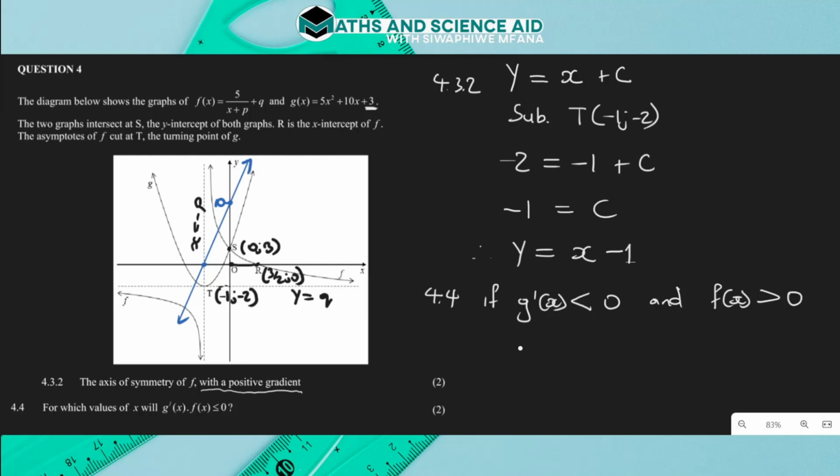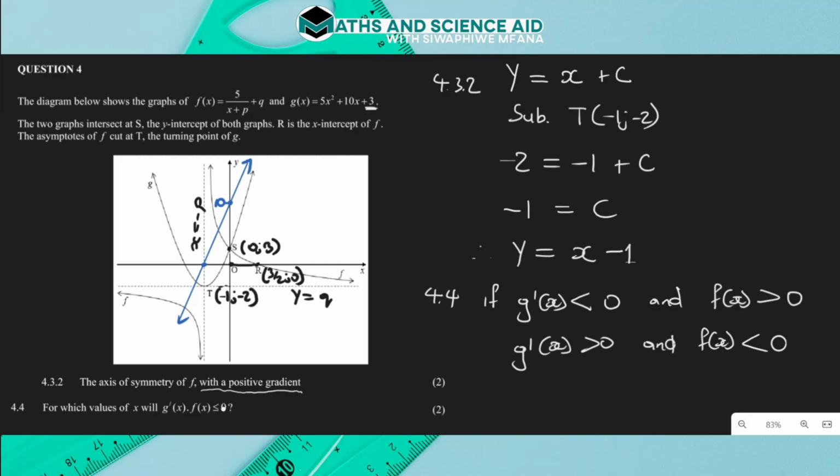Alternatively, we can also get a product that is less than 0 here if g prime of x is greater than 0, while on the other end f of x is less than 0. Because as long as the signs are not the same, then the product will be negative.